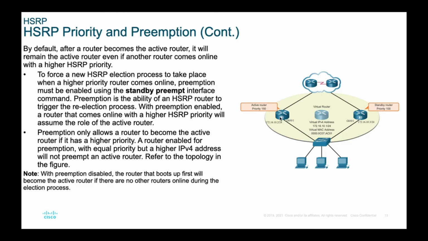So how can we set our new router with a higher priority as the active router? We can do that by issuing the command standby preempt inside the interface configuration of that router. For HSRP, the command that we are going to use is standby.